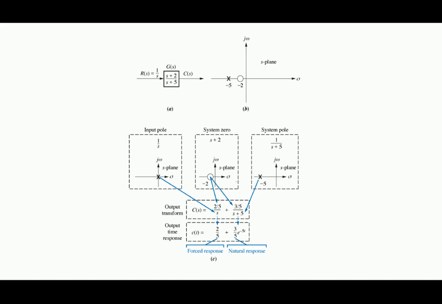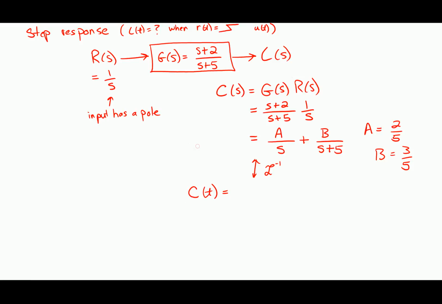So what I get is 2/5 u of t plus 3/5 e to the minus 5t. That's what I ultimately determine to be the inverse Laplace transform of this guy.